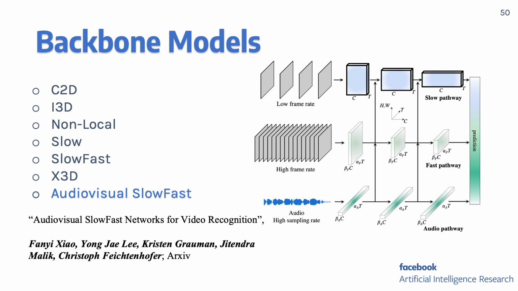Besides that, we're also planning to release the audio-visual SlowFast for better support of multimodality research. The work is introduced by Fanyi, Yong, Kristin, Jitendra, and Christoph. You can find the paper on arXiv now.